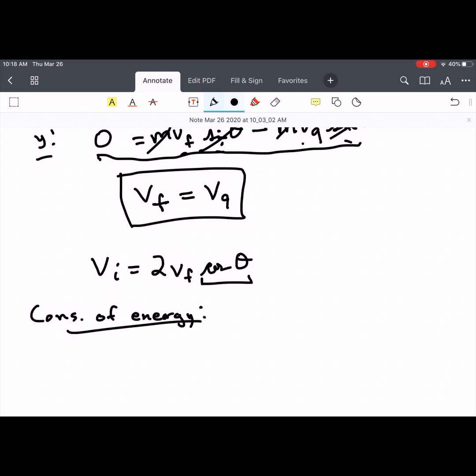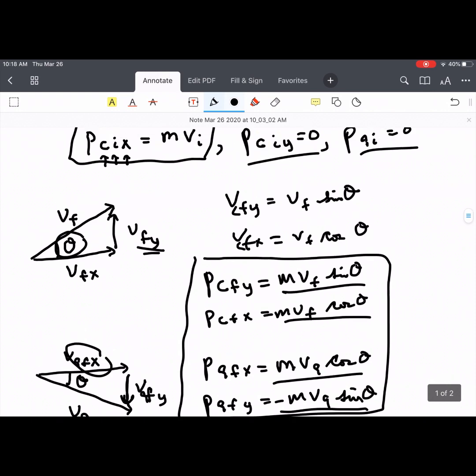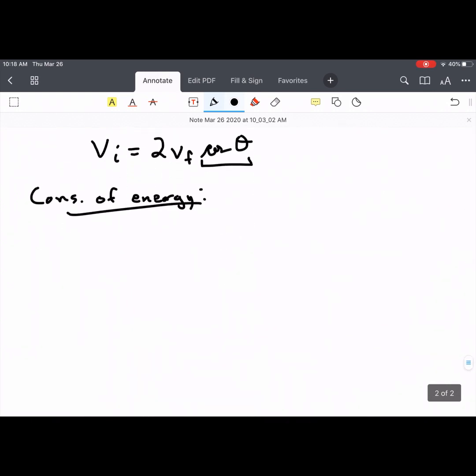All right, so conservation of energy tells us that the initial kinetic energy of everything together is equal to the final kinetic energy of everything added together. Individually, the energies are not conserved because there's a collision, but the total energy of the system is conserved. So if I write that out, it's actually pretty straightforward. Initially, it's just the cue ball that's moving, so that's kinetic energy 1/2 mass times the velocity of the cue ball, v_i squared, plus 0.